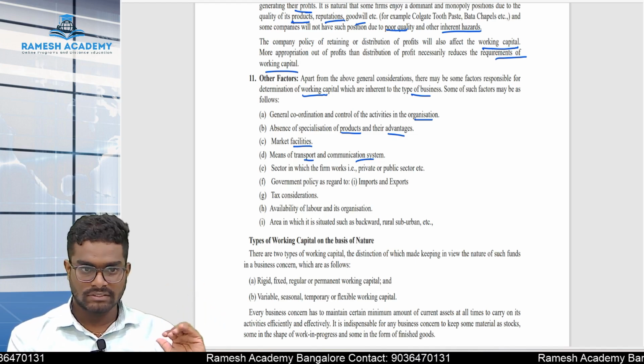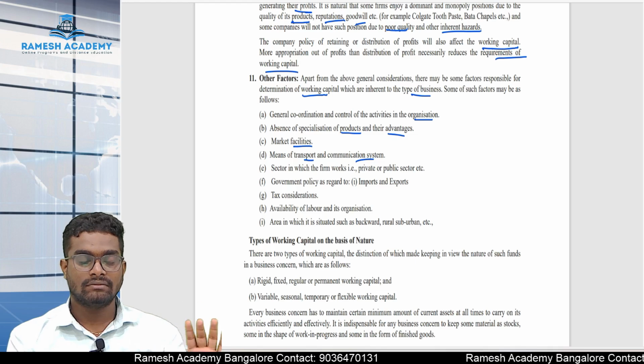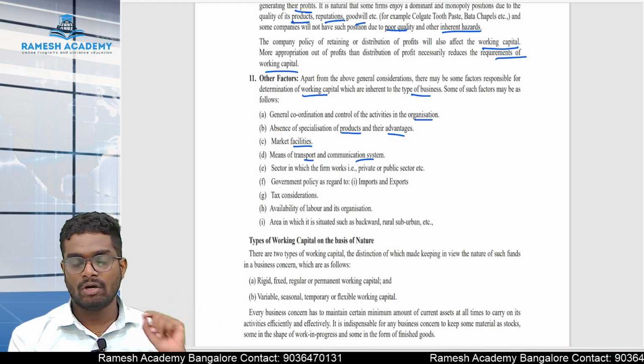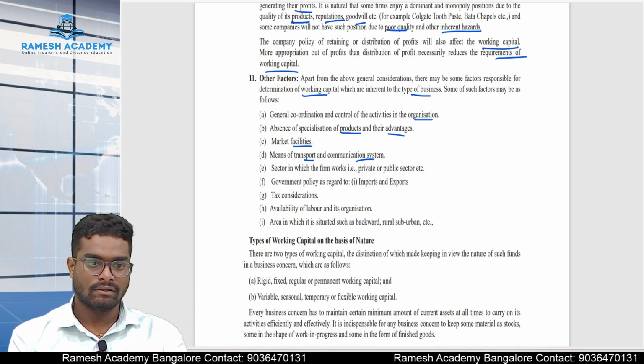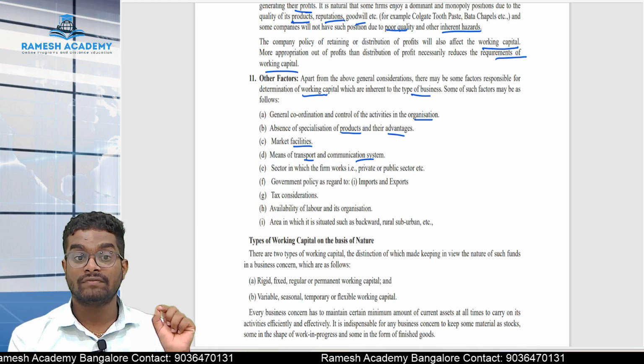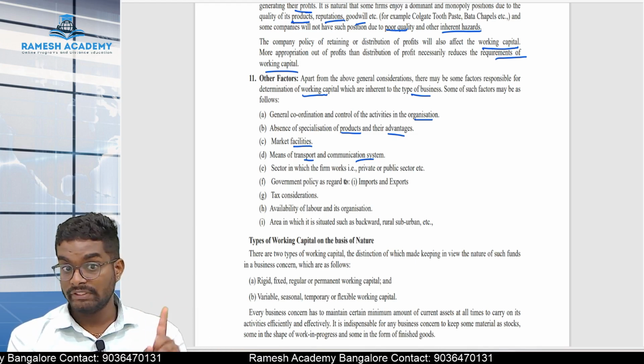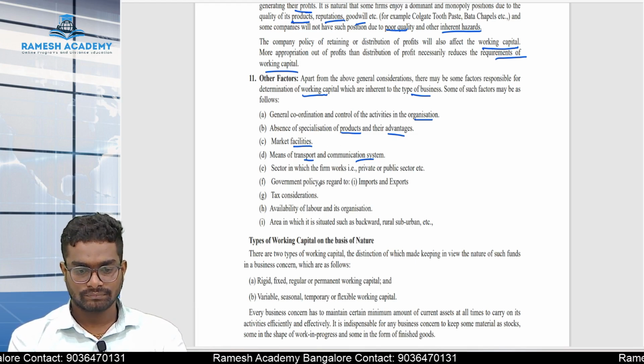The timing is less, so obviously it will reach fast, but due to weather conditions, the flight could not take off. Now it has to go by train or lorry, which takes more time. Because of that, you have to pay more. Obviously, the means of transportation will increase the working capital requirements.